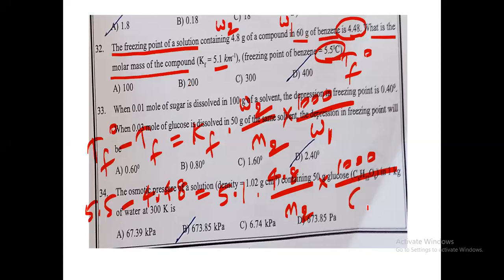Is that clear? So M2 is to be calculated. The M2 value will be 400. Take the screenshot now.